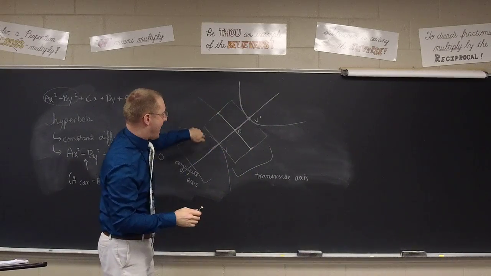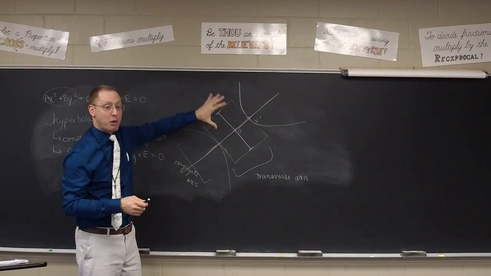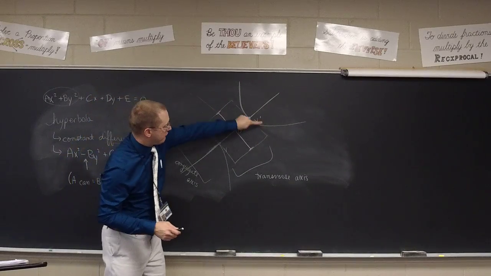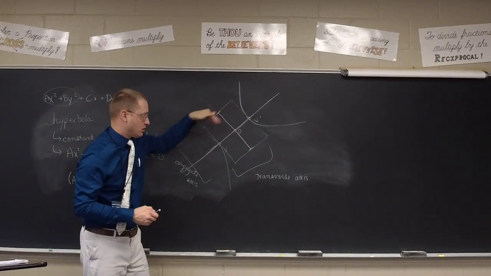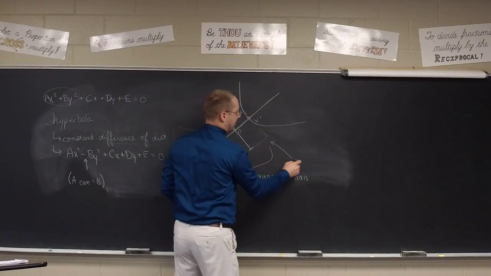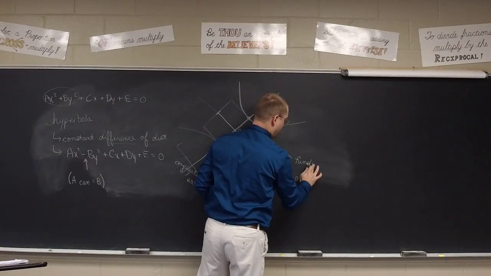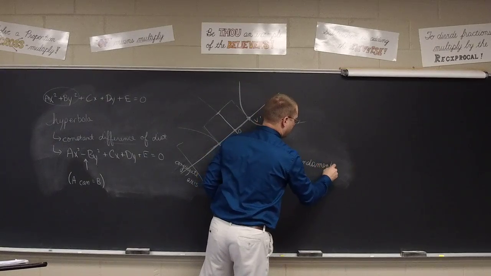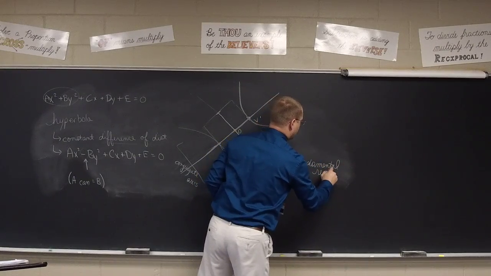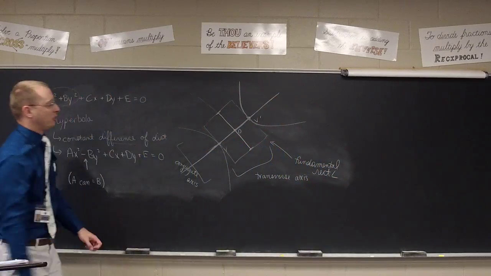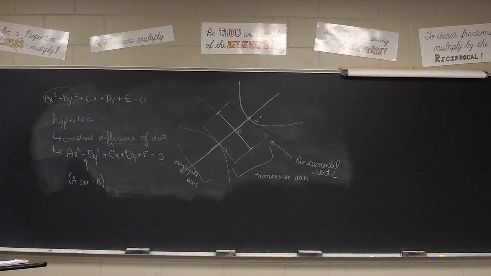And we'll get a little box that is not in or even part of the hyperbola, but it falls right in between the two branches. This is called the fundamental rectangle of the hyperbola.